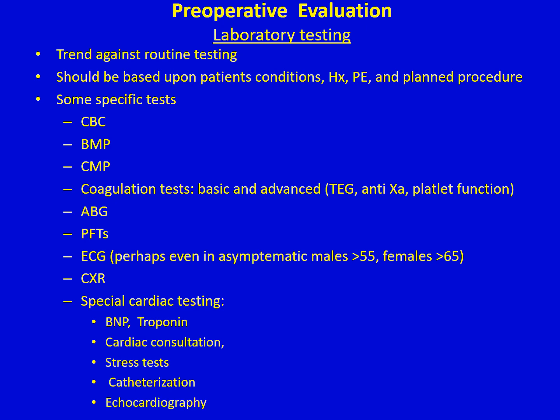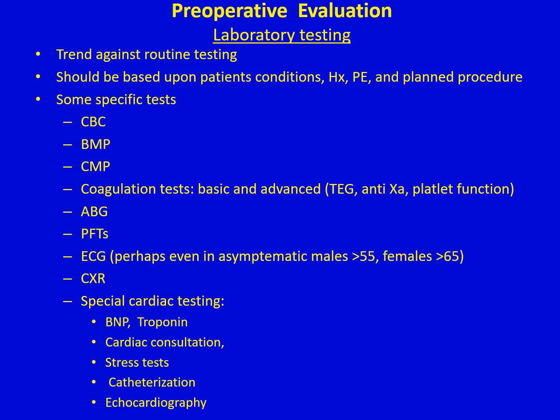A big topic, which we'll talk about next in the last week when we talk about cardiac disease, is special cardiac testing. A lot of interest now in getting BNPs and troponins. The Canadian guidelines strongly recommend these. Certainly when they're abnormal, they're associated with increased risk. Cardiac consultations, certainly when in doubt, get it.